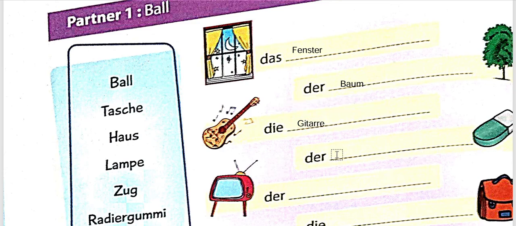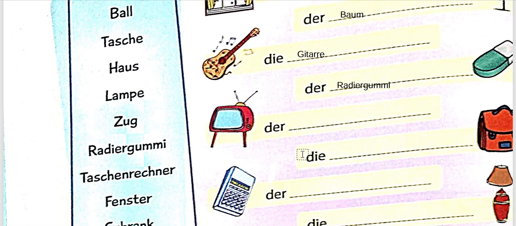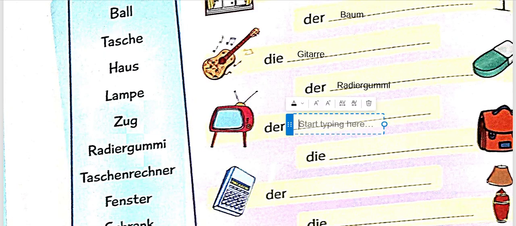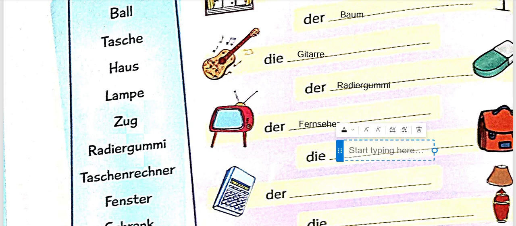This is Radiergummi. This is a television, so it should be Fernseher. Yeah, correct. It's there. I was confused if the option is given or not. Okay, this is a bag, so Rucksack, or even Tasche is correct. So the Tasche you can write.